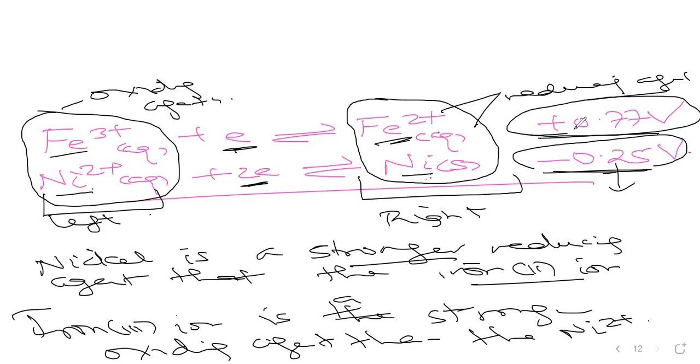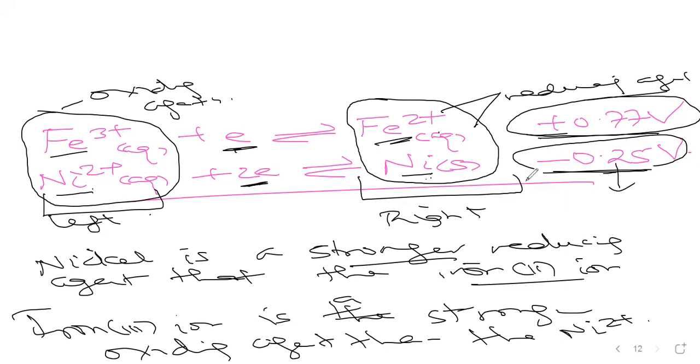So there we see the more positive. If they are both negative, then we see the less negative. I think that is also very clear for you? Okay, so the more positive the electrode potential, the easier it is to reduce the ions on the left. So the metal on the right is relatively unreactive and relatively poor reducing agent.